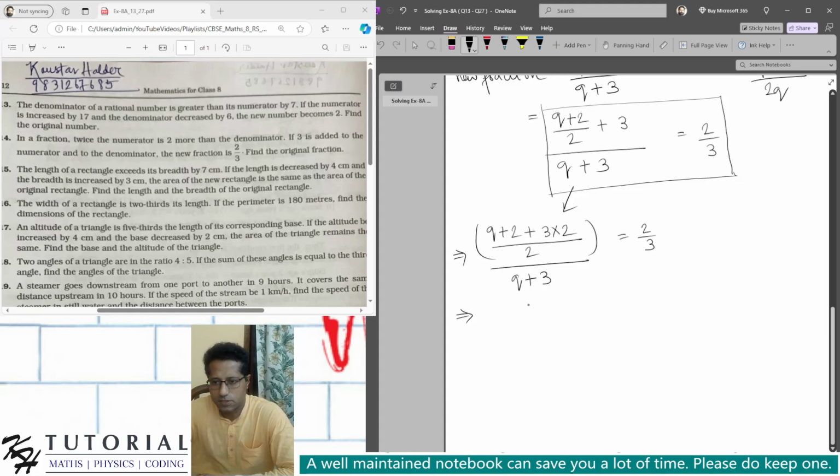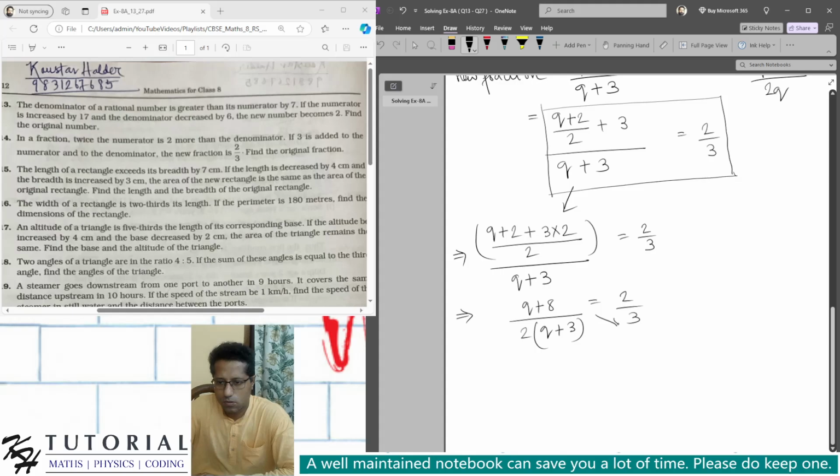After further simplification of the LHS, we get q plus 2 plus 6, that is q plus 8, divided by 2 into q plus 3 is equal to 2 by 3.